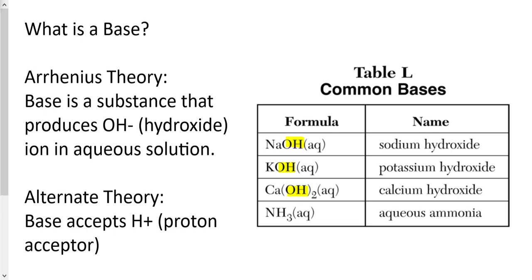Now, you most probably are going to be overwhelmed with the Arrhenius theory and the alternate theory. But at the end of the day, if a substance is an acid, it will be an acid based on both theories. If it's a base, it has to be a base based on both theories. The theories might seem different, but they're not that different at all.